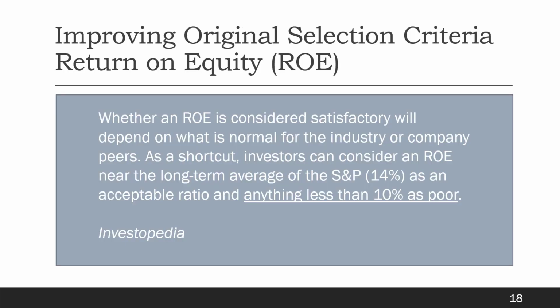Whether an ROE is considered satisfactory will depend on what is normal for the industry or company peers. As a shortcut, investors can consider an ROE near the long-term average of the S&P, 14%, as an acceptable ratio, and anything less than 10% as poor. The S&P long-term average is 14%.